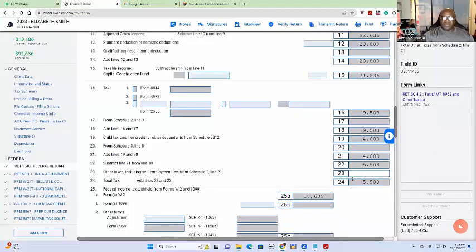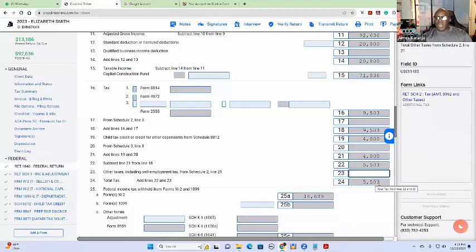But right now we have 0 because they don't have any business with self-employment taxes. So line 23 is 0. The total tax, which is line 22 plus line 23, 5,503 plus 0, is 5,503.